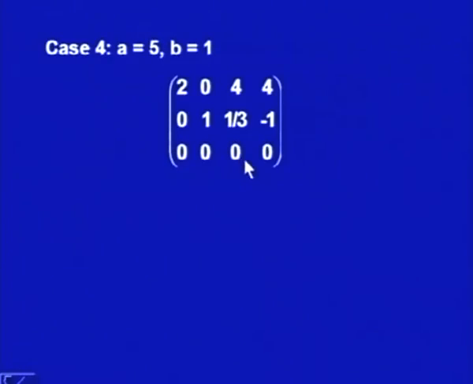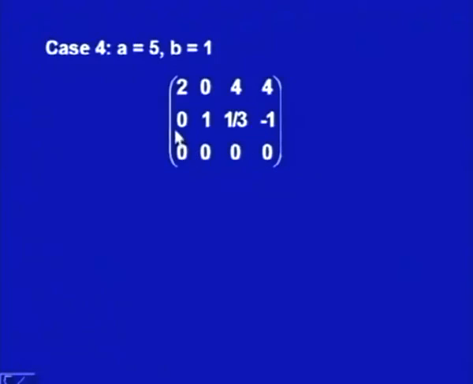That means the rank cannot be 3, because this determinant will be 0. And if you consider this row to be 0, then this augmented matrix also will not have rank equal to 3. So the rank of the augmented matrix will also be less than 3.